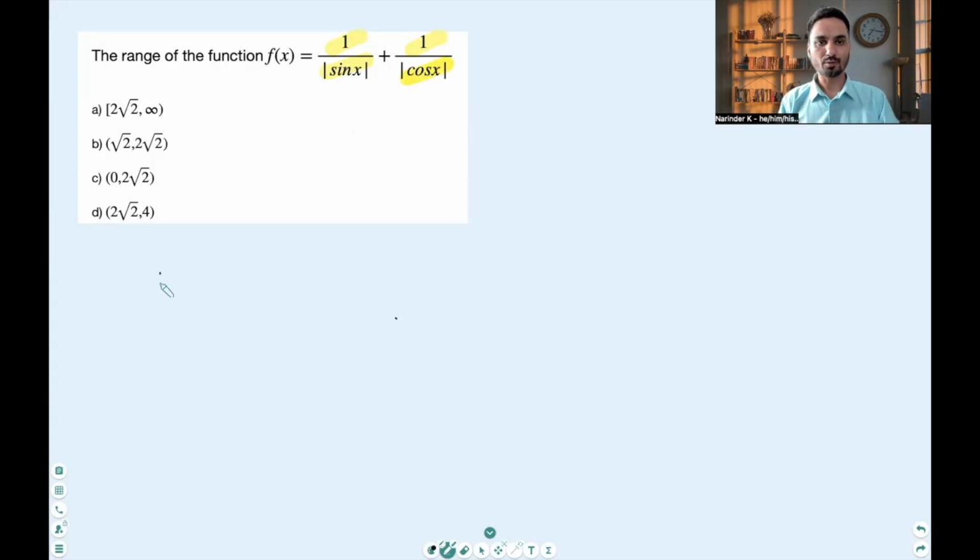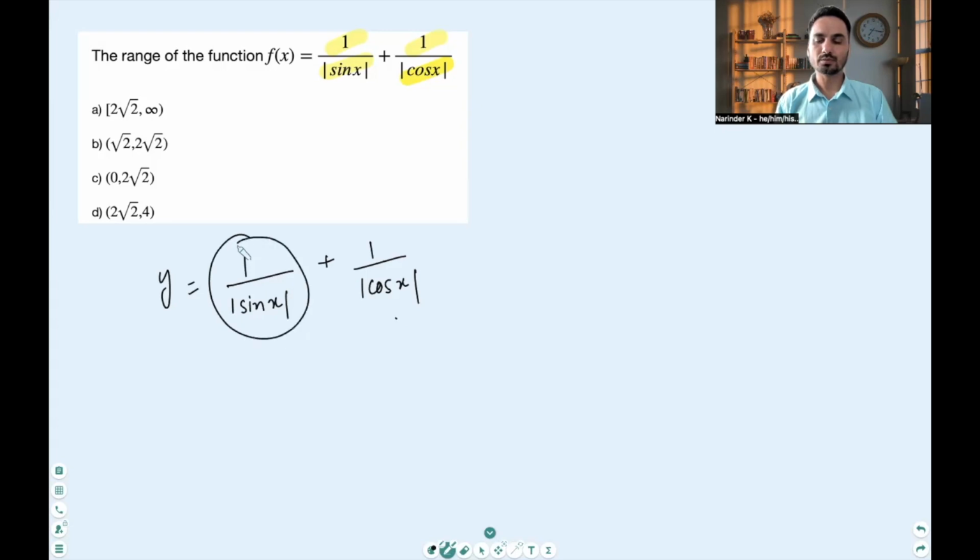We can write the given function as y equals 1 over modulus sine x plus 1 over modulus cos x. So I have two terms, a and b.